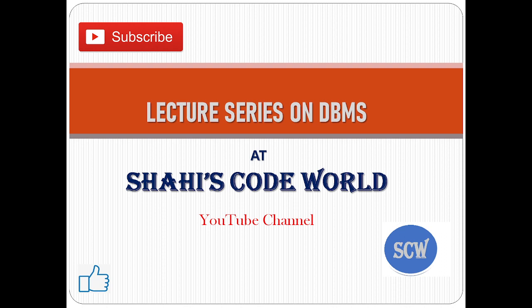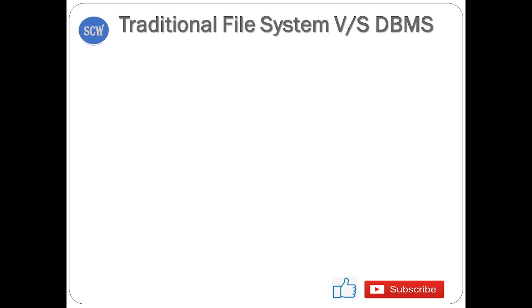Let's begin. In the last video, I have explained about DBMS introduction. If you missed that video, I will share the link of that video in the description box to watch later. In this video, I am going to explain about traditional file system and DBMS.